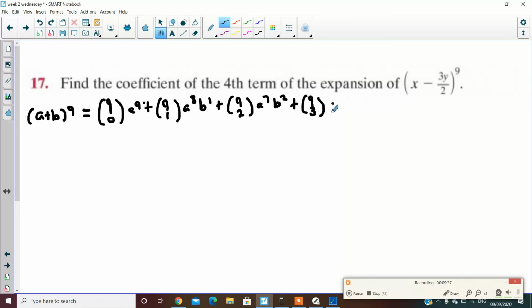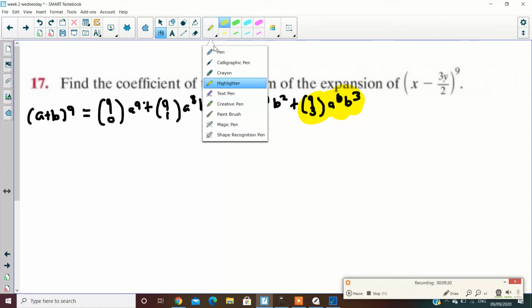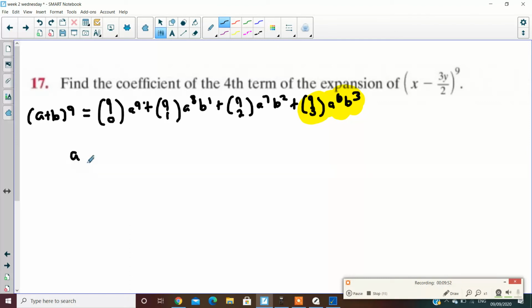That's what we're looking for. a^6 b^3. So we are looking for the 4th term. It's this one here. In this case, a equals x, and b equals minus 3y over 2.